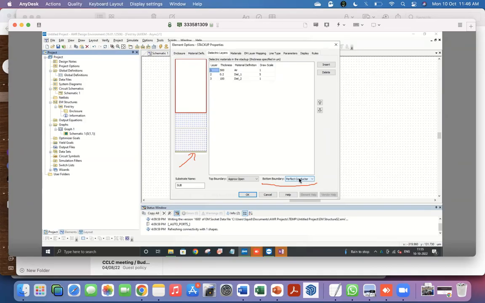So this bottom boundary and top boundary are telling you basically the enclosure in the vertical dimension, whether it's open, whether it's closed, or approximately open, which means that there's nothing there, or there's a metallic boundary. You can then choose that metallic boundary to be a perfect conductor, or in this case, two standard options are showing up, tantalum and scap bottom.